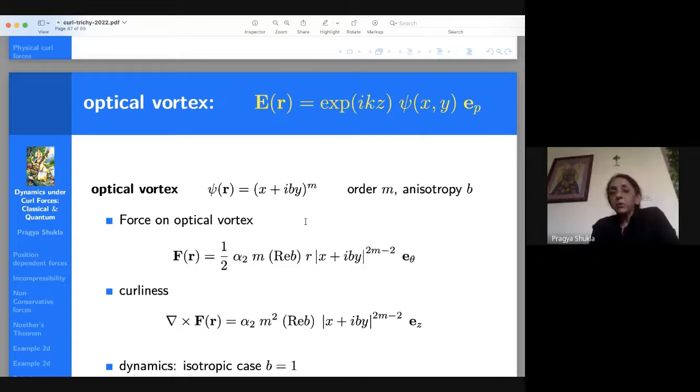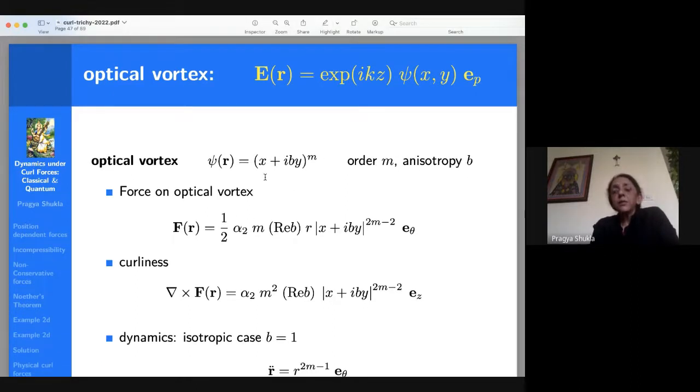Why it is called a vortex is clear right here, because if x is equal to 0 and y is equal to 0, then this amplitude goes to 0. So the electric field goes to 0 at that point.